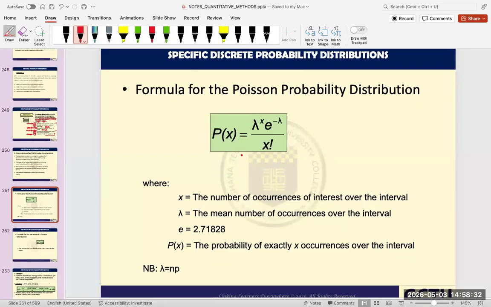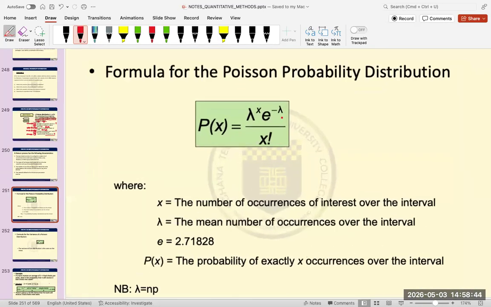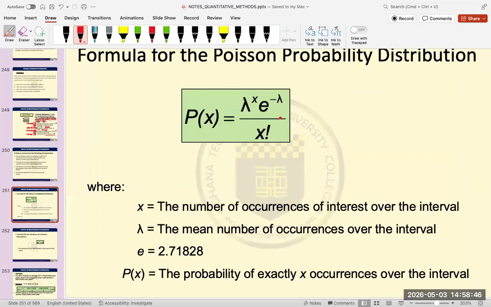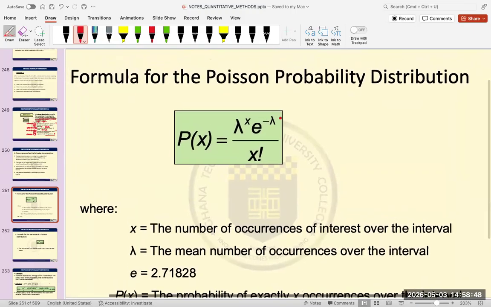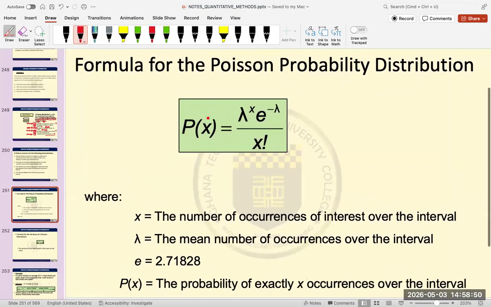So don't memorize it or write it somewhere and bring it. Just know how it is used and how it appears. So Poisson has this probability or chances formula, which is written as probability of the random variable x is equal to this symbol here, a Greek symbol called lambda.